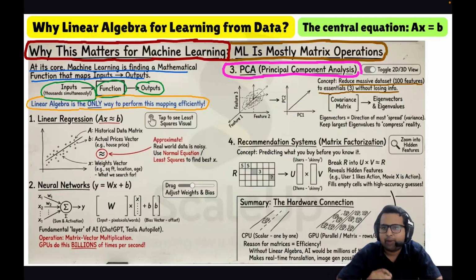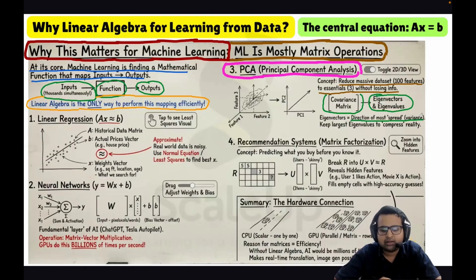Now let us understand the matrix view. Principal component analysis calculates the covariance matrix of your data. Whatever data set you have, we calculate the covariance matrix and then find the eigenvectors and eigenvalues of the covariance matrix. An eigenvector points in the direction of the most spread, the variance.